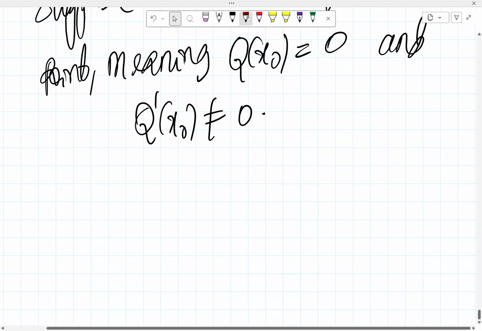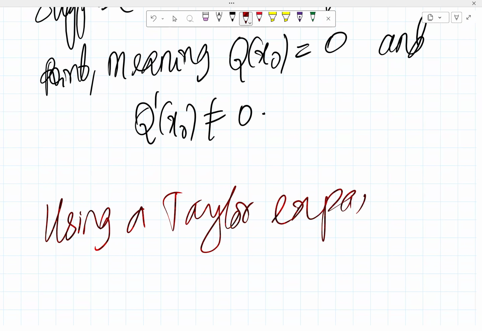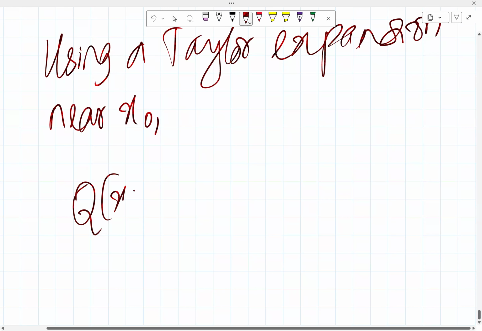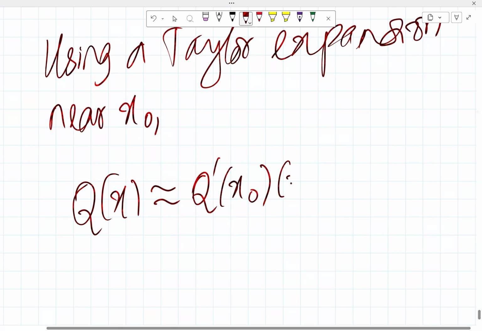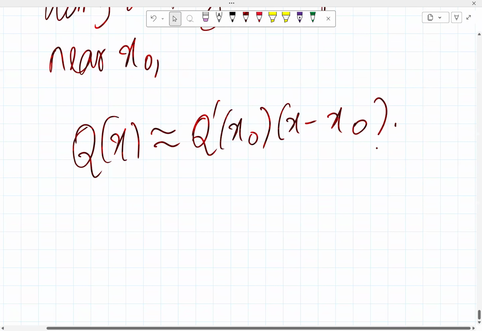So using a Taylor expansion near x0, we have q(x) approximately equal to q'(x0) into (x - x0).